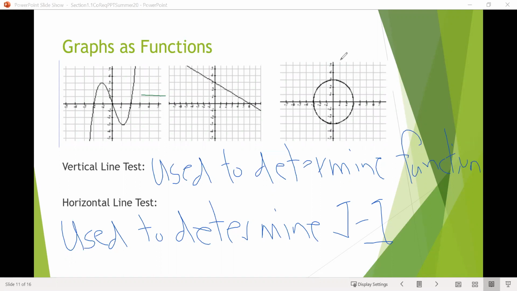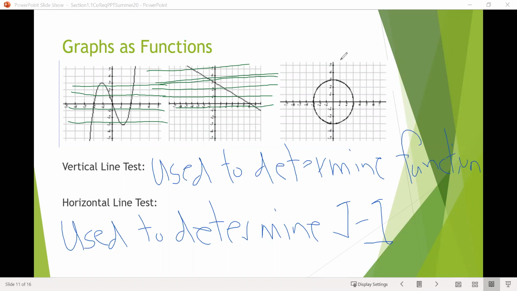So for example, for the first graph here, notice I can draw multiple horizontal lines there that intersect the graph at more than one place, and we already knew that one was not 1-to-1. But for the second graph, no matter where I draw a horizontal line, it will only intersect this graph in a single location. Okay, so that one is 1-to-1 because it passes that horizontal line test.